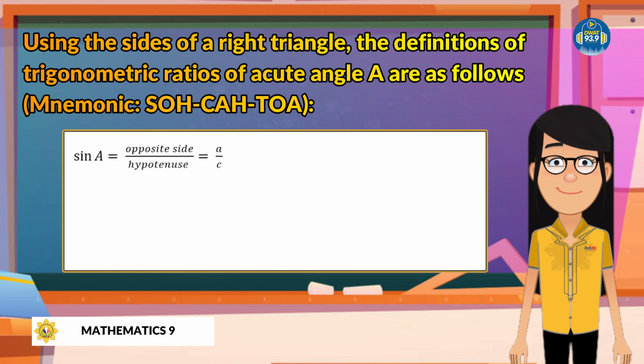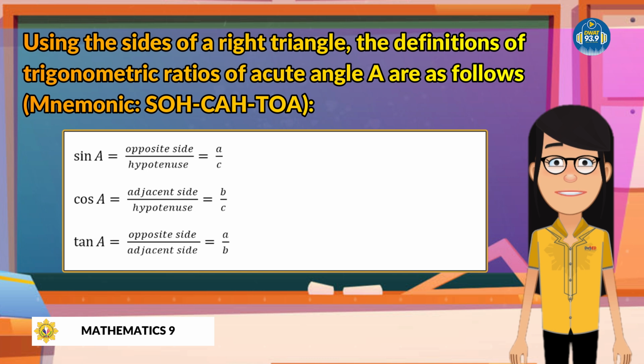Using the sides of a right triangle, the definitions of trigonometric ratios of acute angle A are as follows. Sine A is equal to opposite side over hypotenuse, or a over c. Cosine A is equal to adjacent side over hypotenuse, or b over c. Tangent A is equal to opposite side over adjacent side, or a over b. For the reciprocals, we have cosecant A is equal to hypotenuse over opposite side, or c over a.